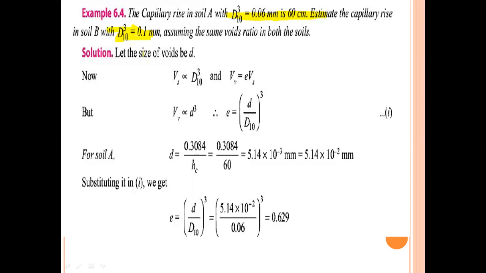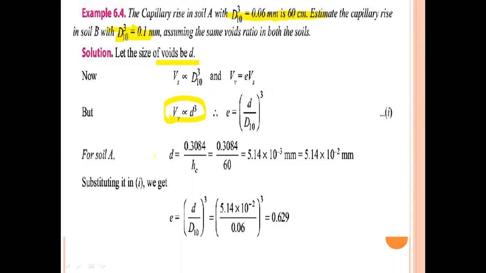For the solution, let the size of voids be d. Vs is proportional to D10 cube, and Vb equals e into Vs. But Vb is proportional to d cube. Therefore, e equals (d by D10) whole power cube.